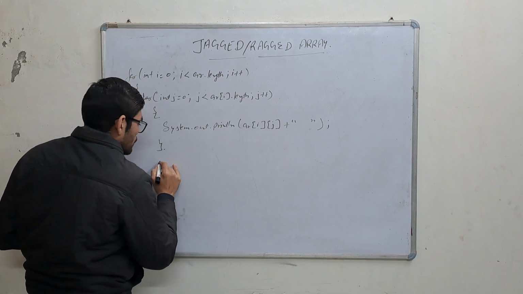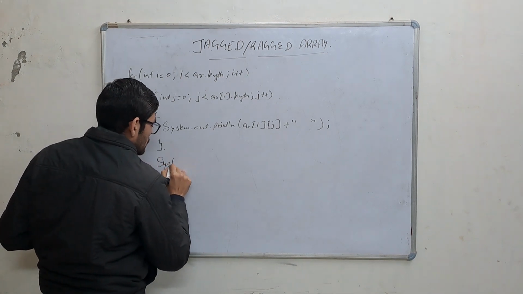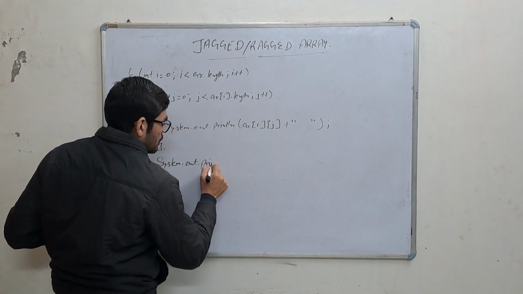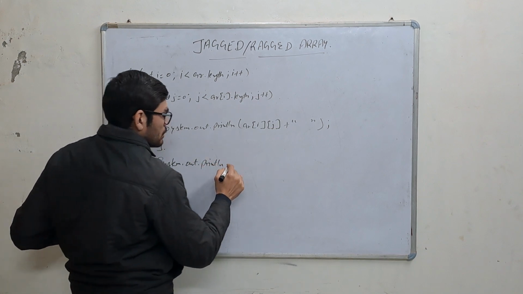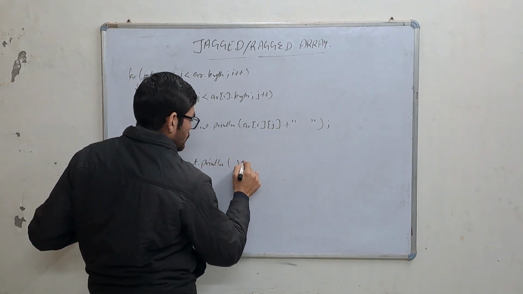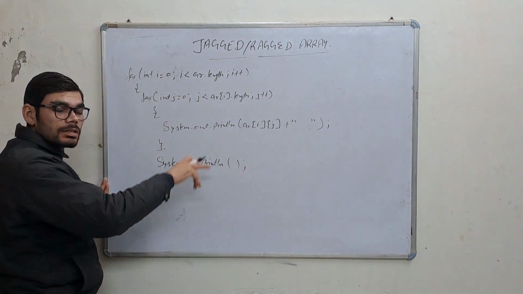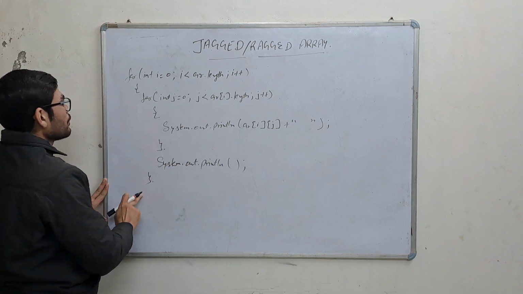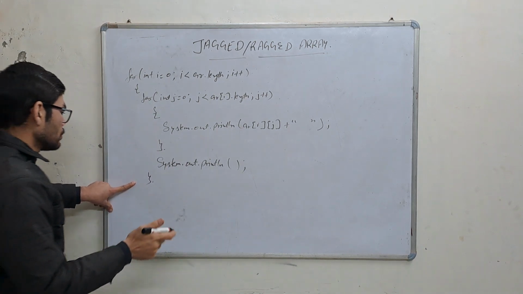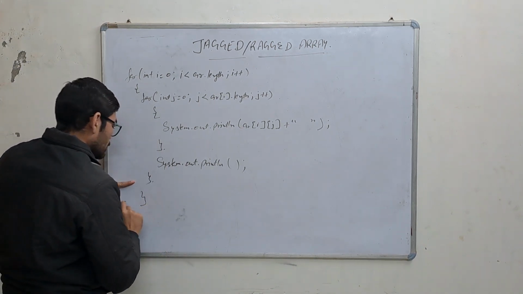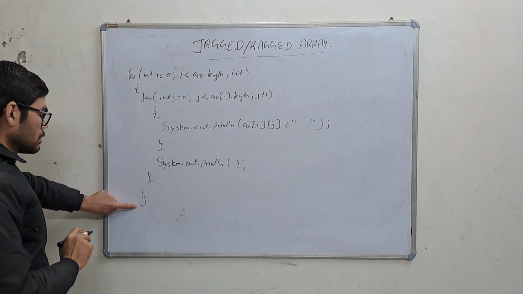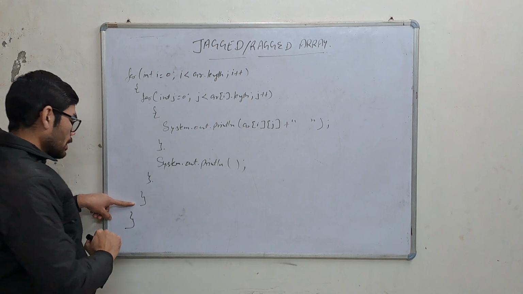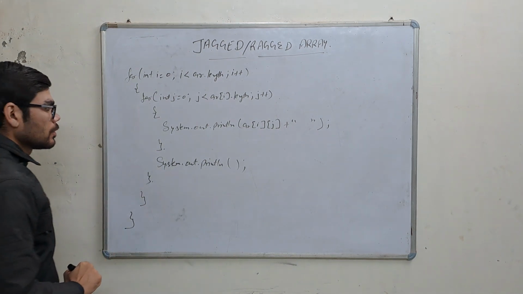And after the first row is printed, we will move the cursor to the new line. So for that we will write another System dot out dot println. It will move the cursor into the next line, and we will close this loop. And to close the main method and another bracket for the class.